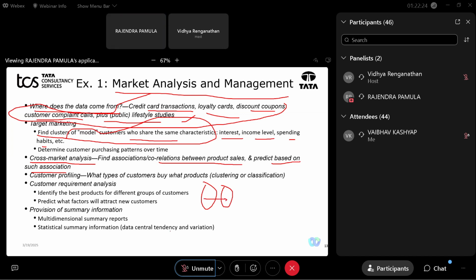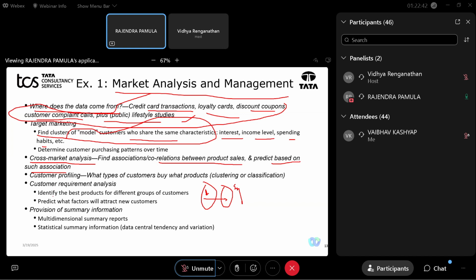What we see here is, you buy atta, we give you sugar free. How do we do this cross market analysis? Using data mining techniques.